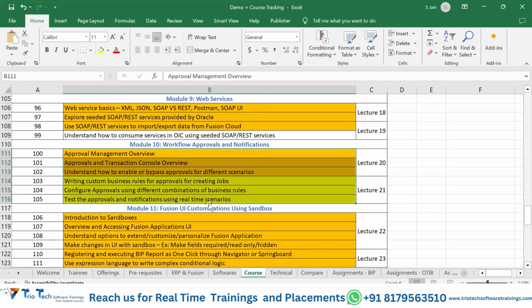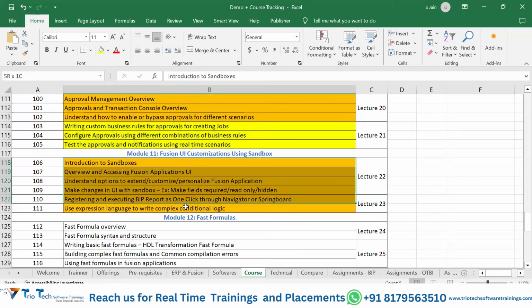What we want is that if the salary of the employee is less than 50,000, it should be auto committed, and the employee should be hired automatically. Otherwise, if the salary is greater than 50,000, it first needs to be approved by the HR manager and then by the head of the department. Once these two people approve the transaction, only then will the person be hired into the system.